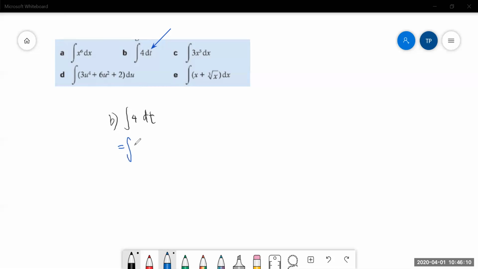Because it's actually 4t to the power of 0. Anything to the power of 0 is 1, right? So it just becomes 4t plus c. Awesome.